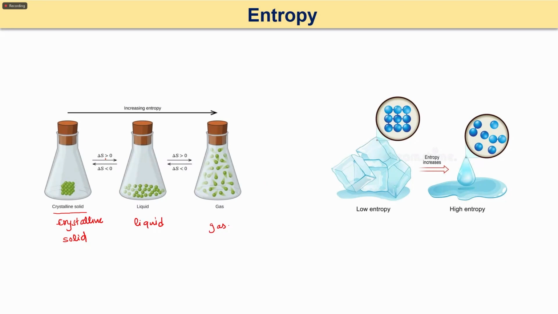Here, in going from solid to liquid, what is happening? The randomness is increasing. Okay, the randomness is increasing. That means your entropy is increasing.